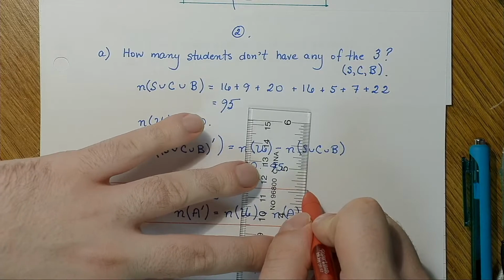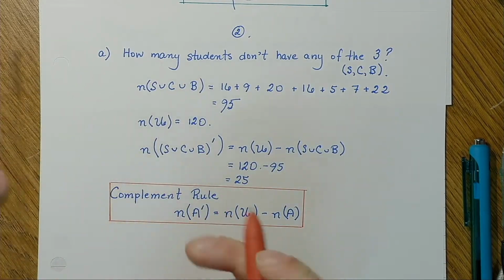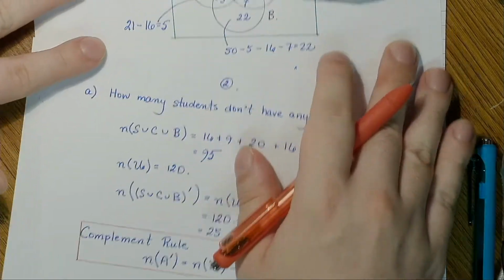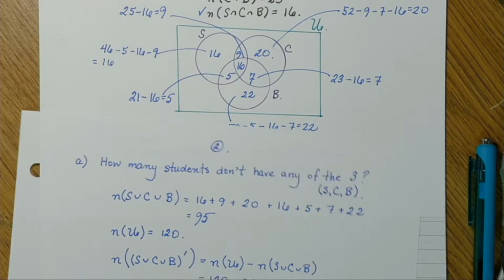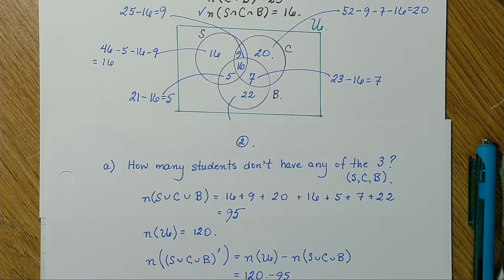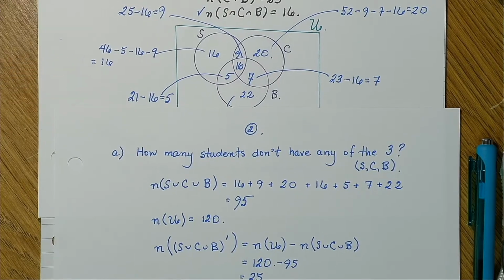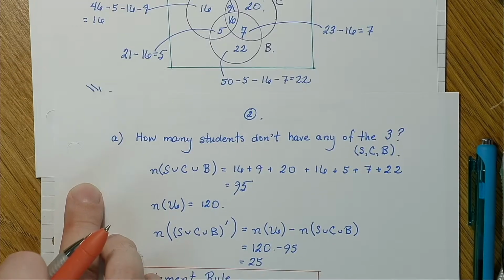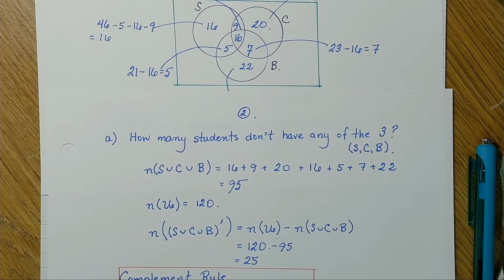Now, here's something. Has anyone noticed what is missing then from the Venn diagram? Does anyone see the people outside? Exactly. The ones who don't have any of these features.